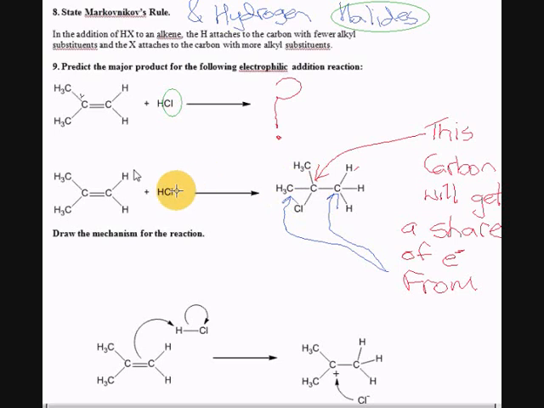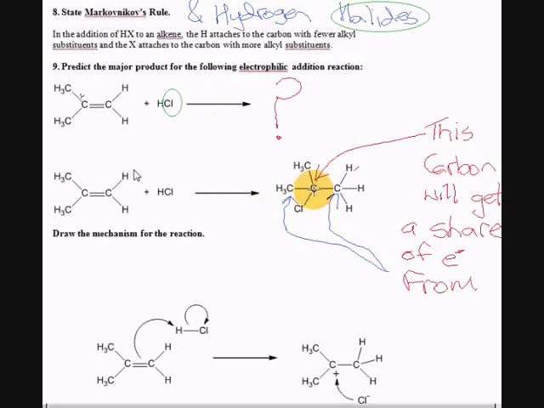So this is just an overview of the reaction before we go into some detail about the mechanism. But just to preface this, we want to say that this carbon, meaning this one here, will get a share of electrons from the carbon-rich carbons on either side of it. So that's an important thing to remember, that this carbon here is going to be willing to give its electrons away, and this kind of explains Markovnikov's rule. That's the point about it.